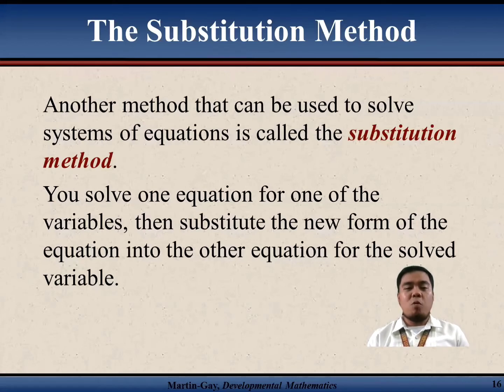So for example, what are we going to do here? The very important thing in performing this method is that you have to solve one equation for one variable, then substitute the new form of the equation into the other equation for the solved variable.